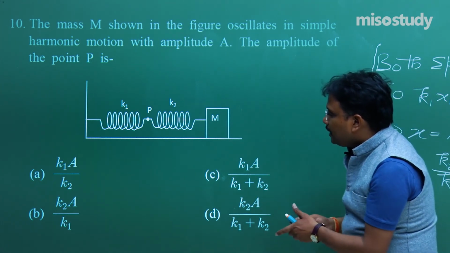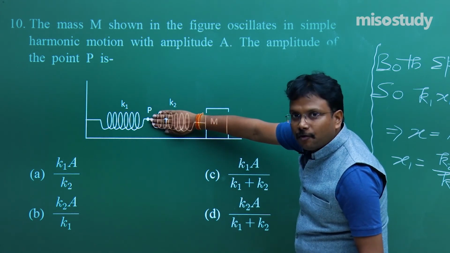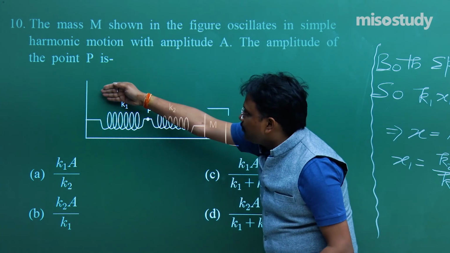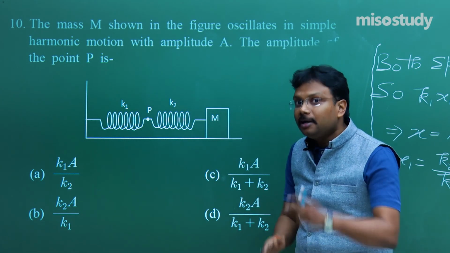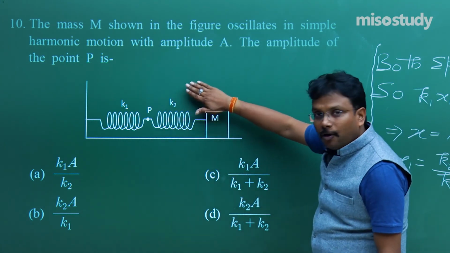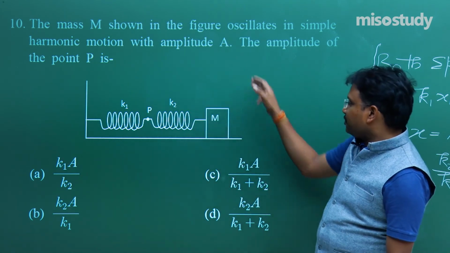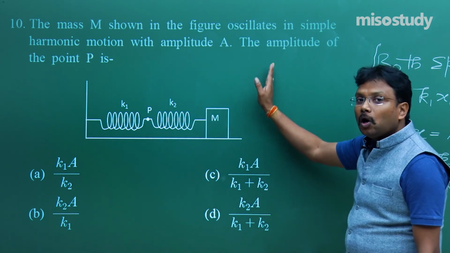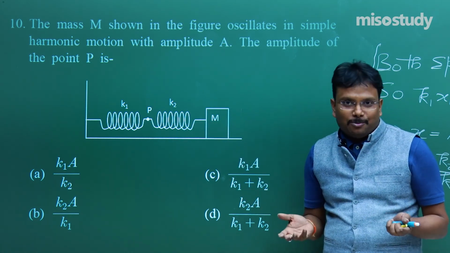Let's say, remove this spring from here, attach the spring over here and then attach the mass. That is one possibility. Another possibility, cut this spring from this place, attach the mass over here, attach this spring over here and then one more wall over here. So these types of different combinations are possible.